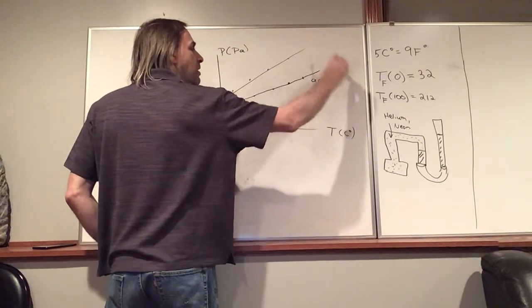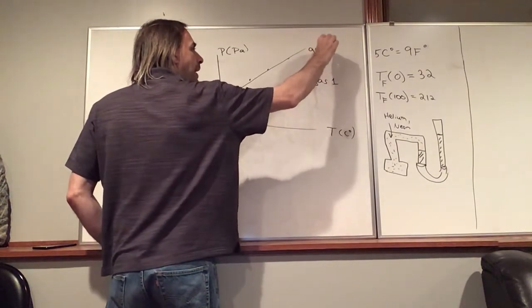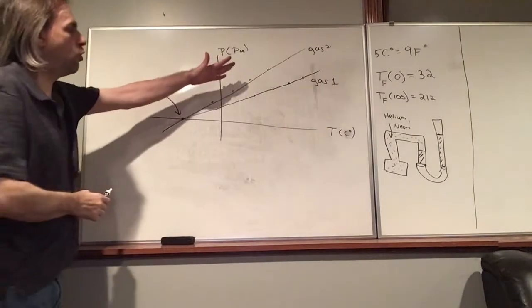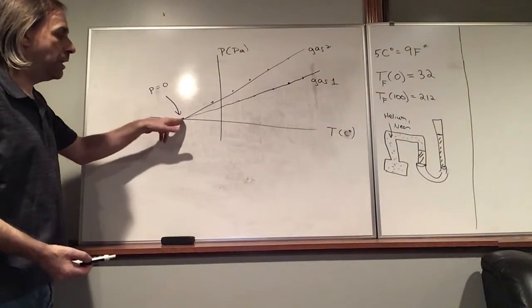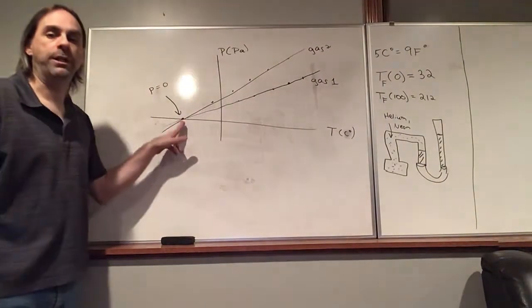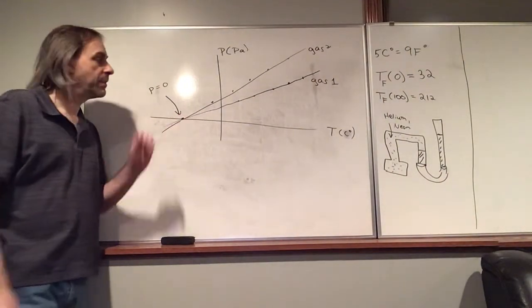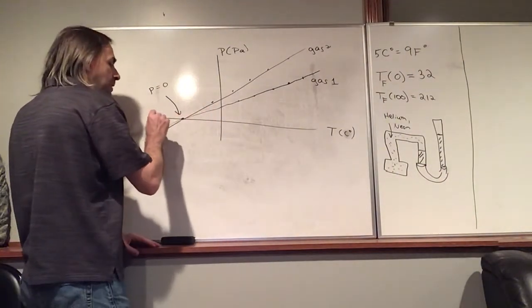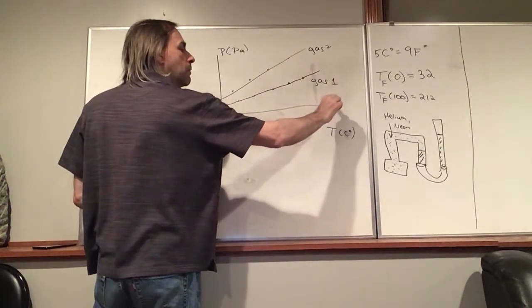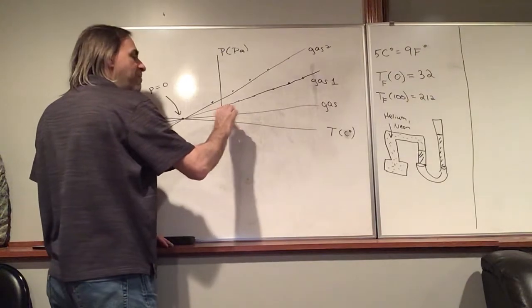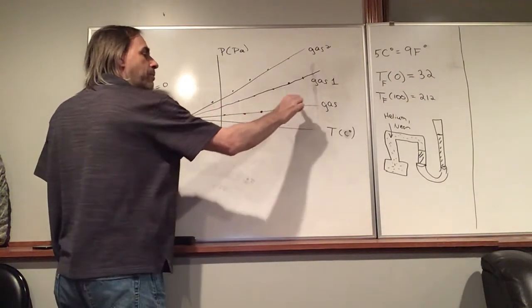Let's just call this gas 1 and gas 2. If you follow this line to where you get to 0 pressure, it's going to occur at the same point, the same temperature. And again, you can have a third gas, and you'll get another line. They all kind of meet up at the same temperature.